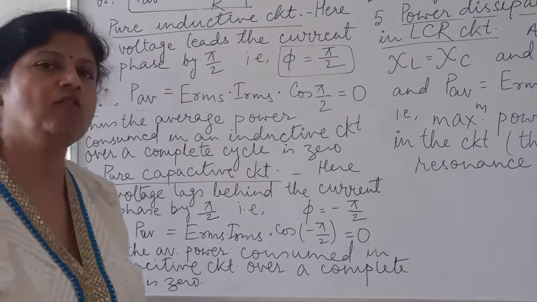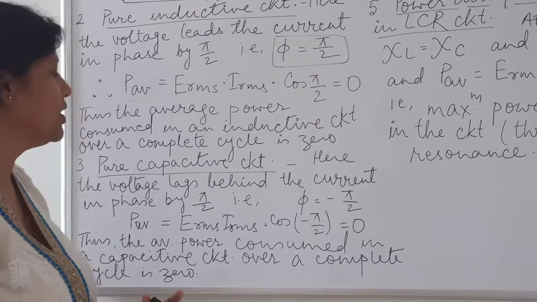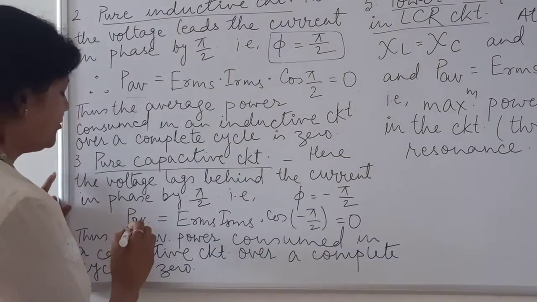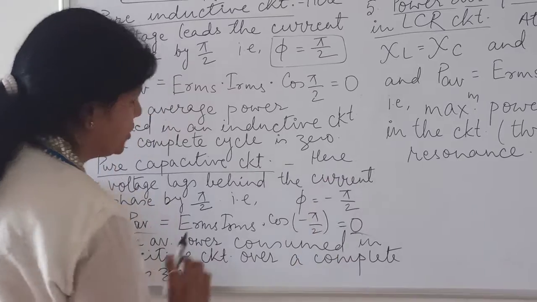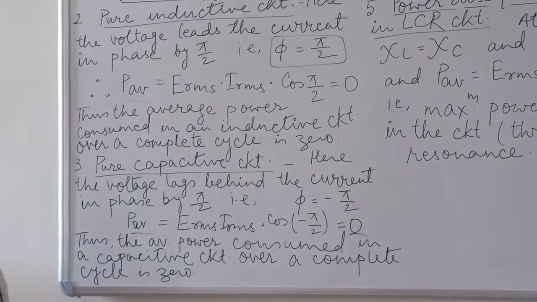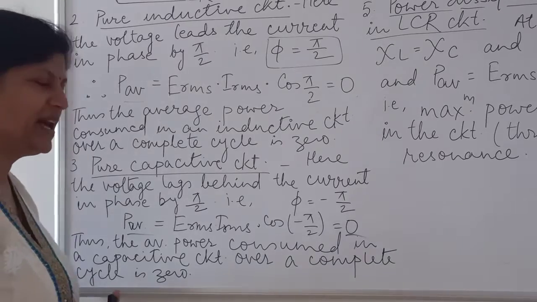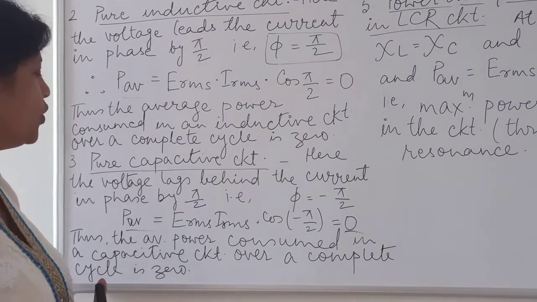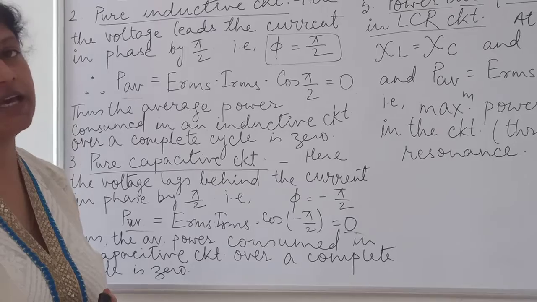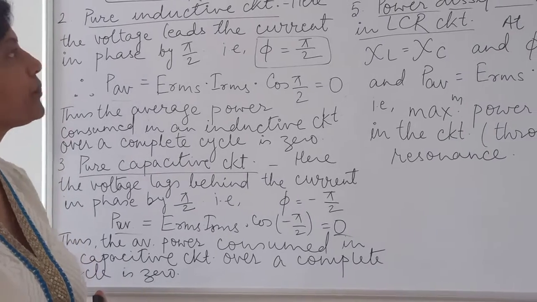Substituting the value of cos π/2, we get P average equal to 0. Thus, the average power consumed in a capacitive circuit over a complete cycle is also 0.